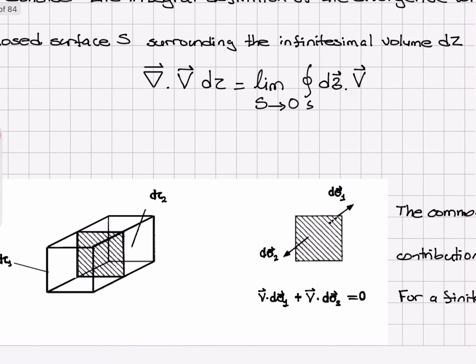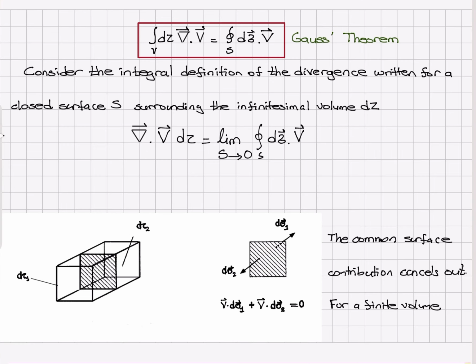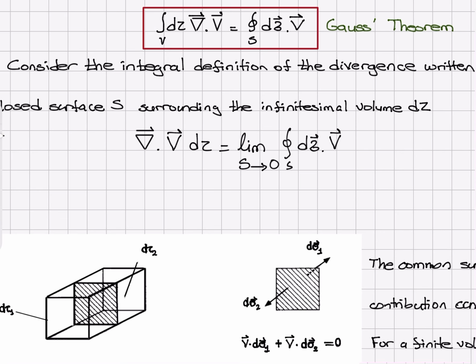So basically what I have done here is considering the right hand side of this equation, divergence of v d tau 1, I'm applying it to the volume d tau 1. And then I have added to it divergence of v d tau 2 for the volume d tau 2.